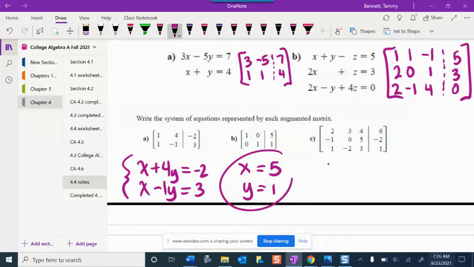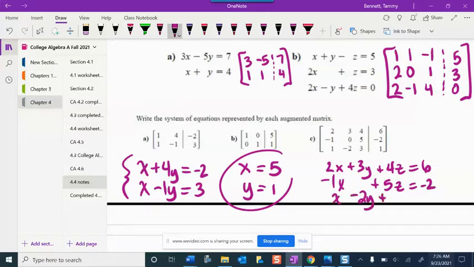Last one here is a 2x plus a 3y plus a 4z equals 6. Negative 1x, no y's, plus 5z equals negative 2. And x minus 2y plus 3z equals 1.